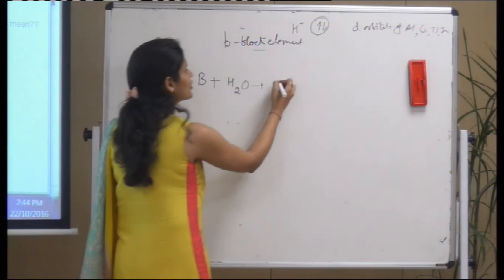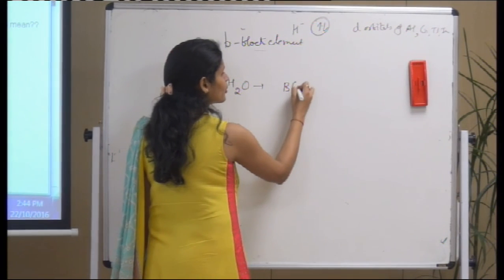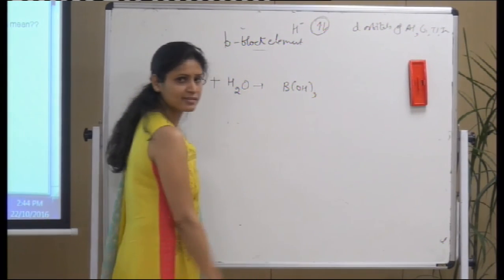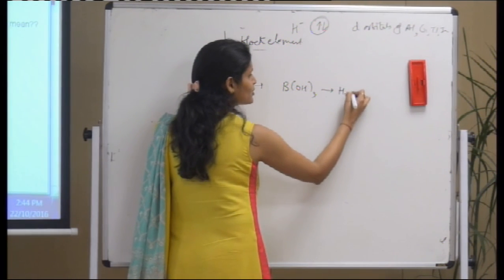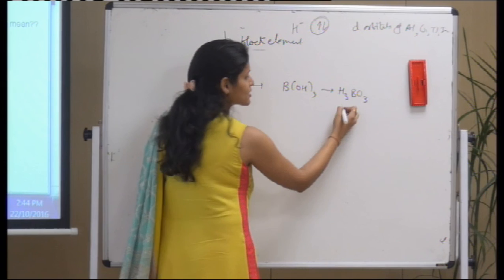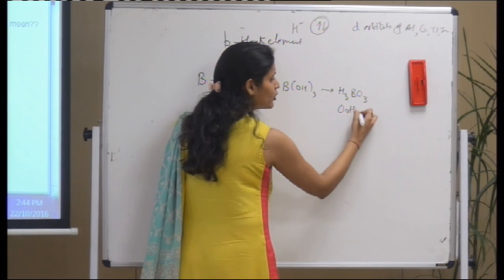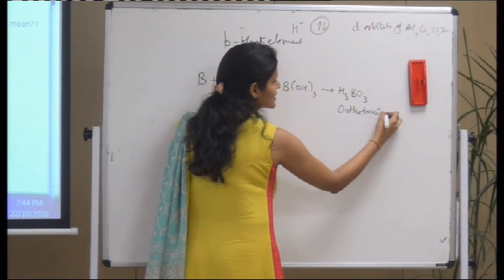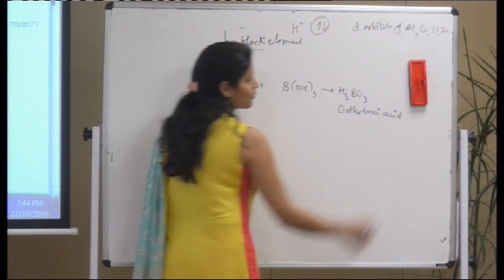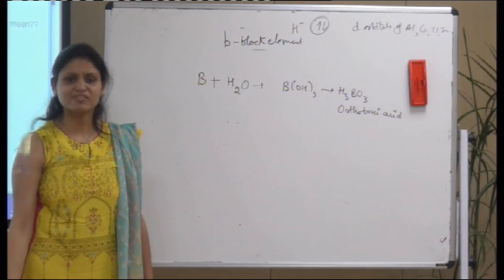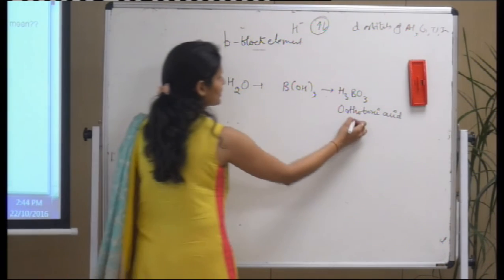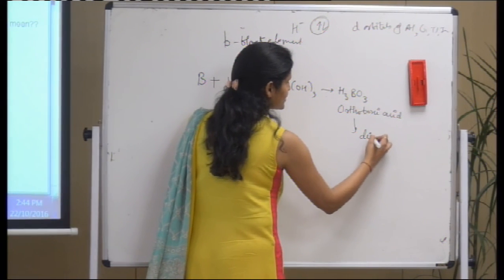Similarly, boron would dissolve in water to give boron hydroxide, like this, right? I can write this as H3BO3 as well. This is called orthoboric acid. What is the application of orthoboric acid? It is used as a disinfectant. This is the major application.